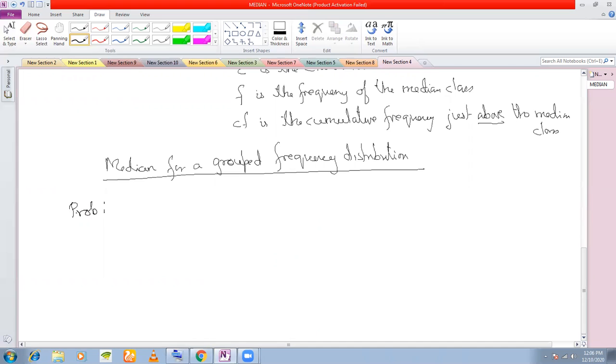Okay, the problem here is: find the median from the following observations.